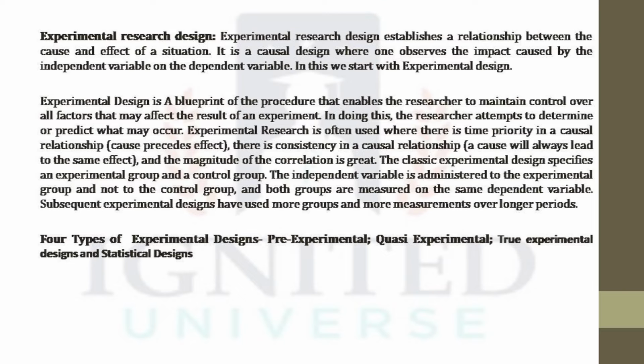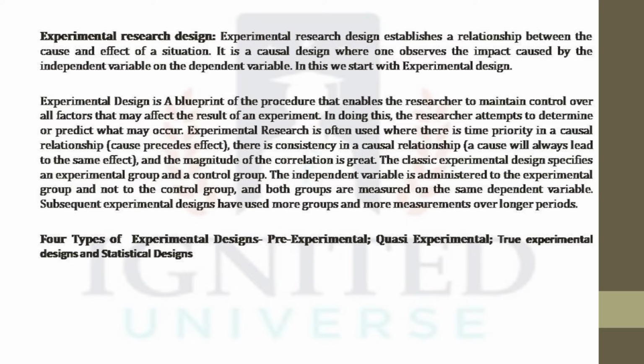The classical experimental design specifies an experimental group and a control group. The independent variable is administered to the experimental group and not to the control group, and both groups are measured on the same dependent variable.